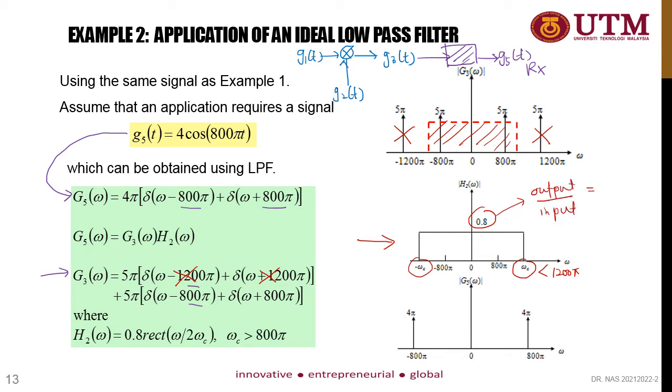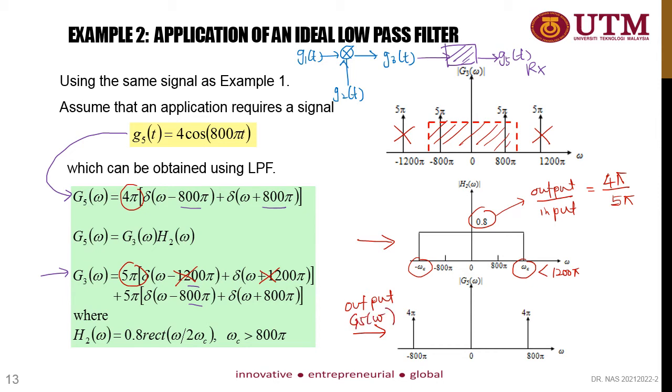In this case, the output required is 4 pi over the input you have, which is 5 pi. So you get 0.8. Okay, so this is how the output signal looks like, the output signal g5 in this case.